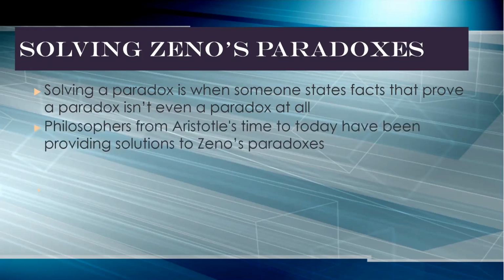And so philosophers from Aristotle's time to today have been providing solutions to Zeno's paradoxes. As I mentioned, some of Einstein's concepts of relative theory of motion are used in the arrow paradox when dealing with time.